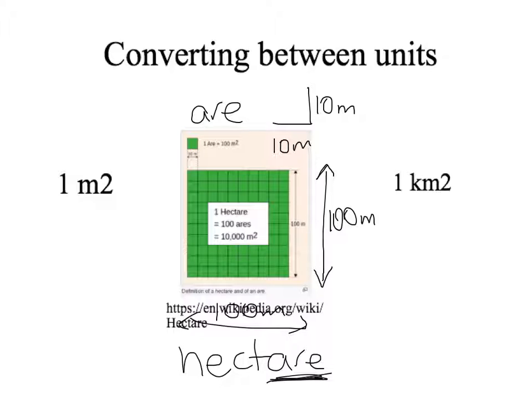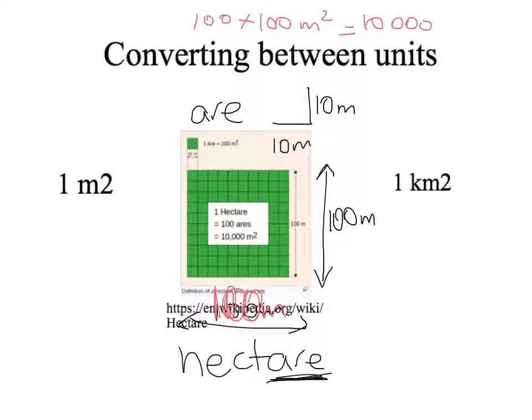That should give you a clue about how we're going to convert. Altogether, 1 hectare has got 100 times 100 metres squared. In other words, it's got 10,000 metres squared.